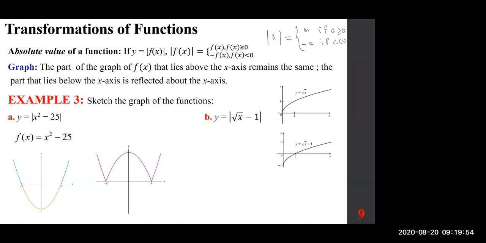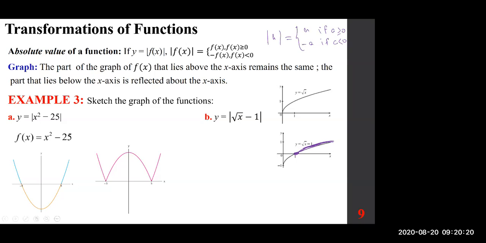Now, step 3, let's go with an absolute value. Okay, which portion is above the x-axis? So notice this portion is above, so this is not going to change, everybody. Fine, so you can graph it just the way it is.